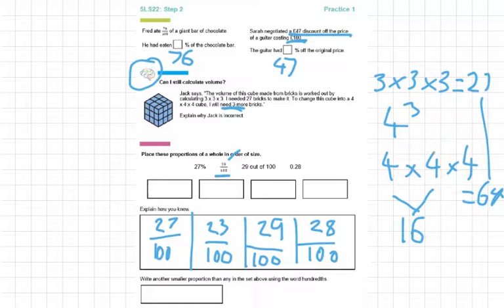And then we can write them in the right order. Well, assuming this one is 23 over 100, you would know that better than me. That will be the first one. When we write them in the boxes, you need to write them as they were originally. So go back to their original layout, not the ones you've got in your explanation box. So the next one, if we look down here, is going to be 27 over 100.